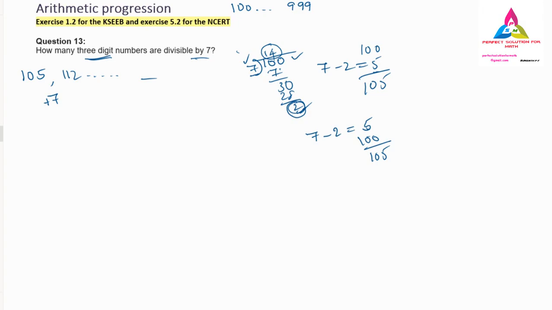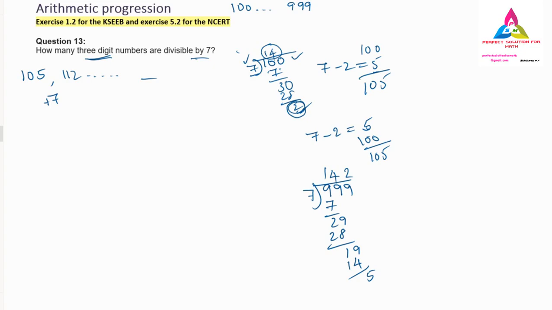The last 3-digit number is 999, so we take 999 first. 999 divided by 7, again you can do. 7 ones are 7, 2 left, 9 comes down. 7 fours are 28, again 1 is left, 9 is required. 7 twos are 14. How much is left over? 5 is left over here. That is most important for us.